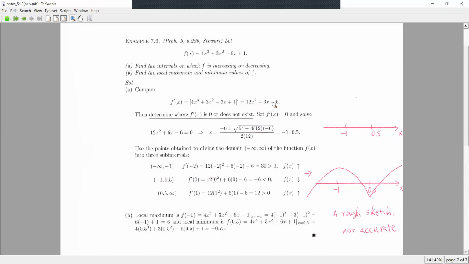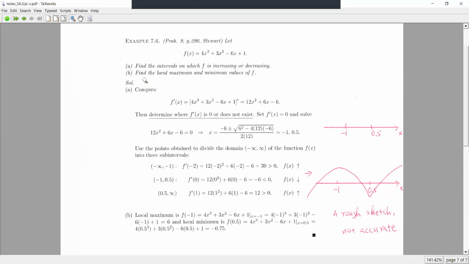Plugging 0 in x here, then derivative at 0 is -6, less than 0. So derivative on this interval less than 0. The original function is decreasing. Similarly, on this interval, the graph is increasing. So the answer to question A is over this interval and this interval, the function f is increasing. On this interval, the function f is decreasing.